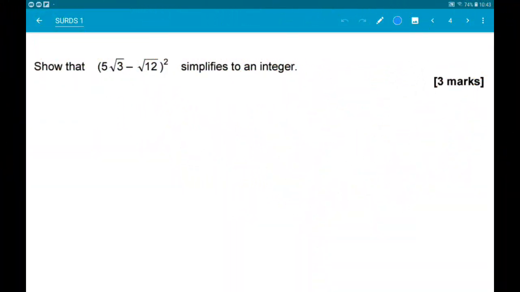Okay, next up, we want to show that 5 root 3 minus root 12 all squared simplifies to an integer, so a whole number. So remember, this means 5 root 3 minus root 12 times 5 root 3 minus root 12.